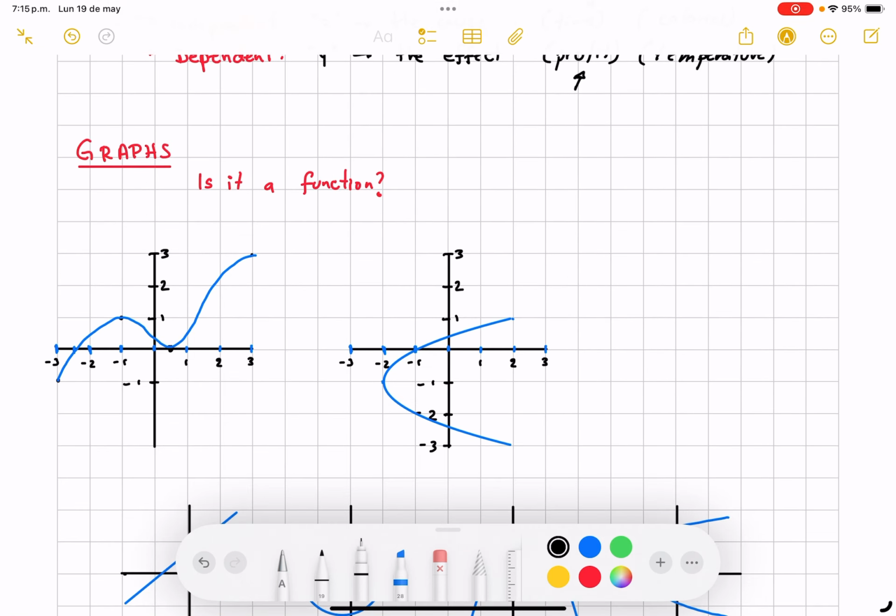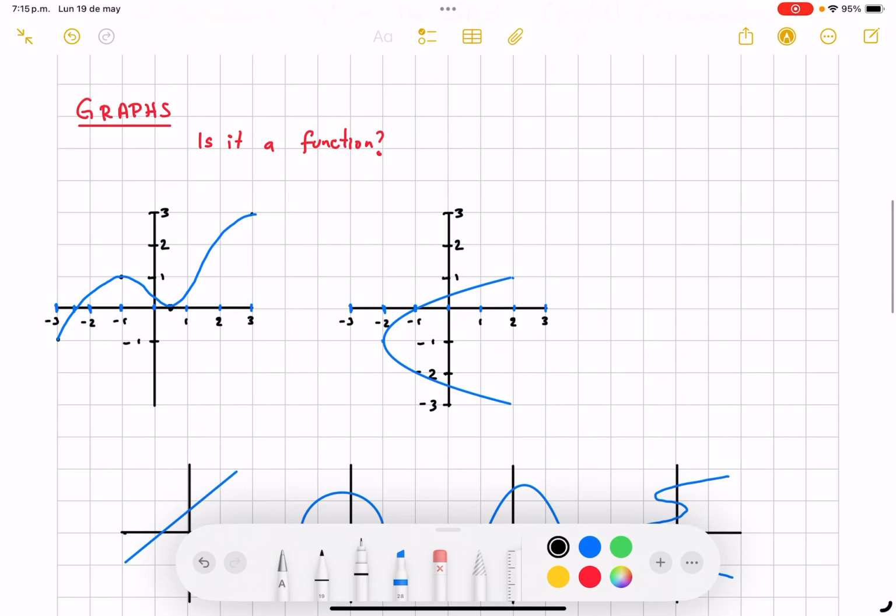So how can I describe this graphically? We have graphs for a function. How can we determine if a graph is showing us a function or just another relation? For example, I'm going to call this the first graph and this is the second graph. For the first graph, when x has a value of 3, the function f of 3 equals 3 in this case.